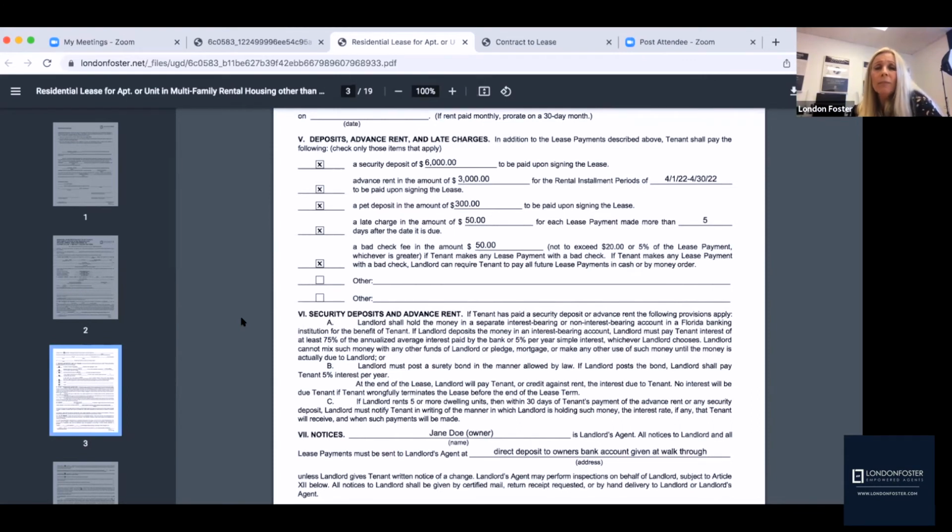Just so you know, this question came up yesterday from someone: when can and how much can a landlord raise the rent? In the state of Florida, there are no rent caps. However, if you have a lease, the owner can only raise your rent on renewal of that lease.